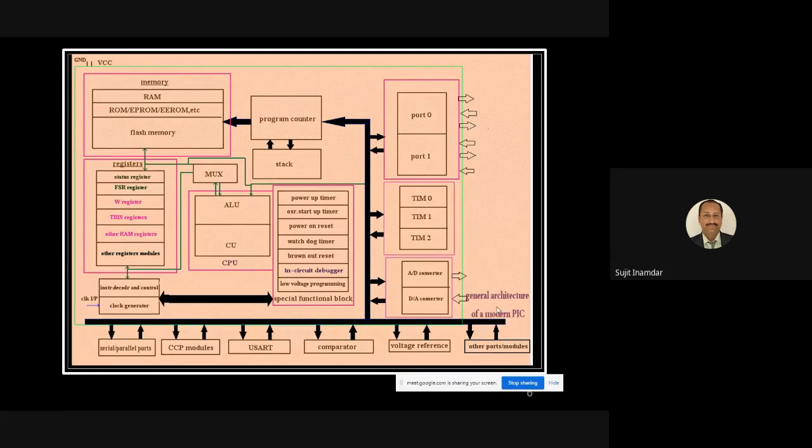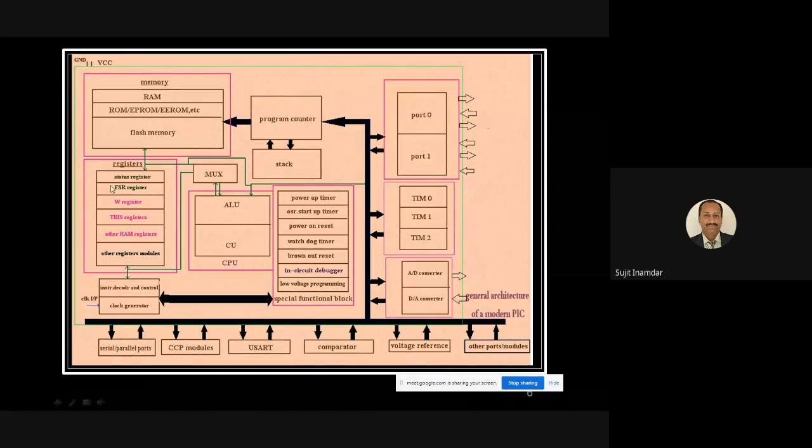We remember that the D to A converter is not there for 16F877A. A to D is there. Three timers are there. The ports they have shown are only two ports, but here five ports are there. So this is the general diagram of PIC, not specifically our 877.